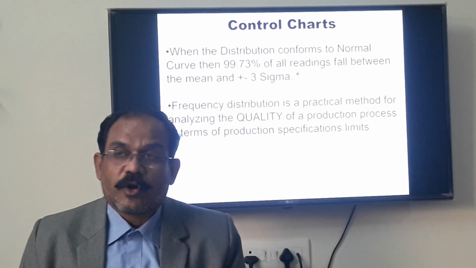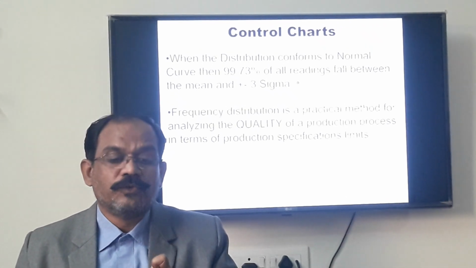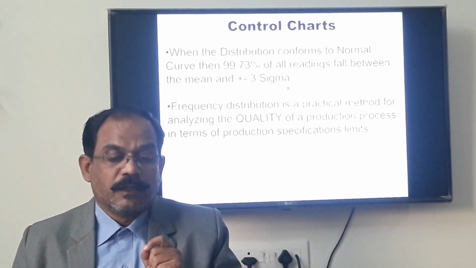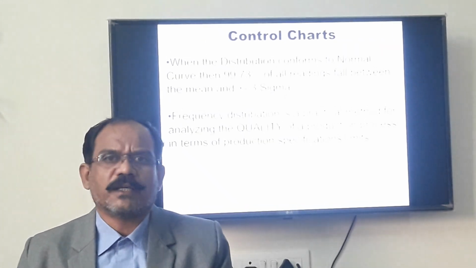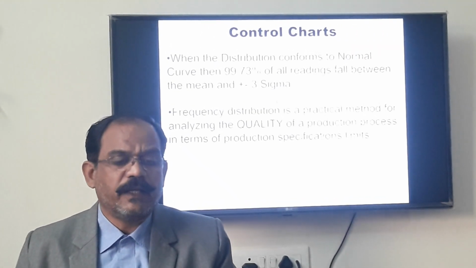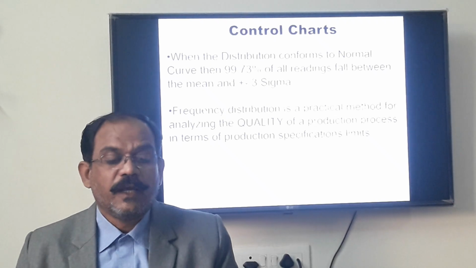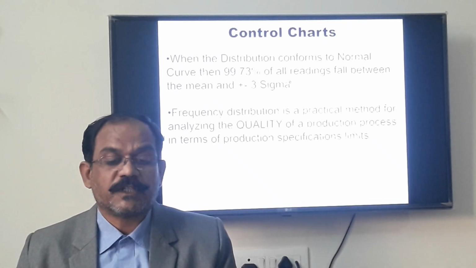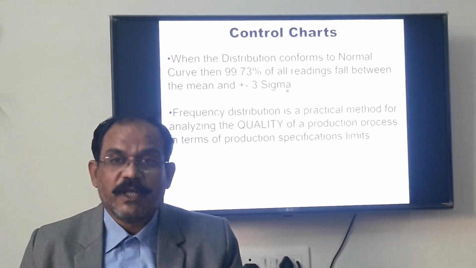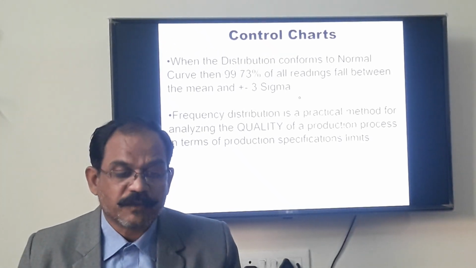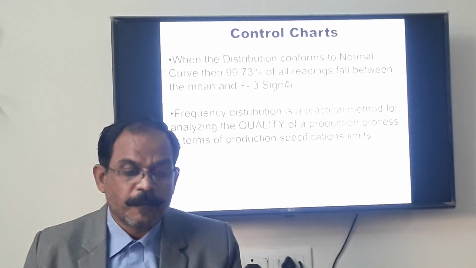If the product gives you data which is conforming to your specification limits or the control limits, then it must fall within the 99.73% of plus minus 3 sigma. It will never go outside plus minus 3 sigma. That is the normal distribution curve.